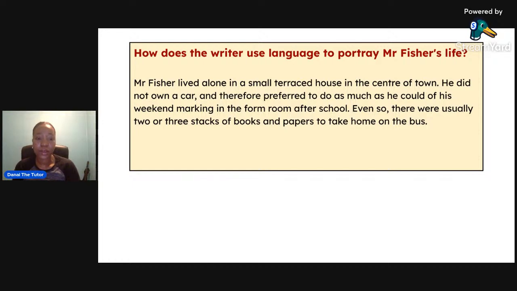So, having a look at the text, what do you think are the things that tell you something about Mr. Fisher's life? You can type it in. What would you underline as things that give you information about his life that you might be able to talk about? I'll just give you a minute and then I'll show you what I've got.